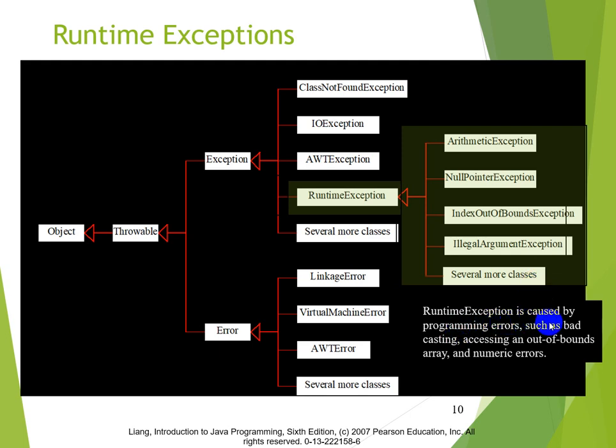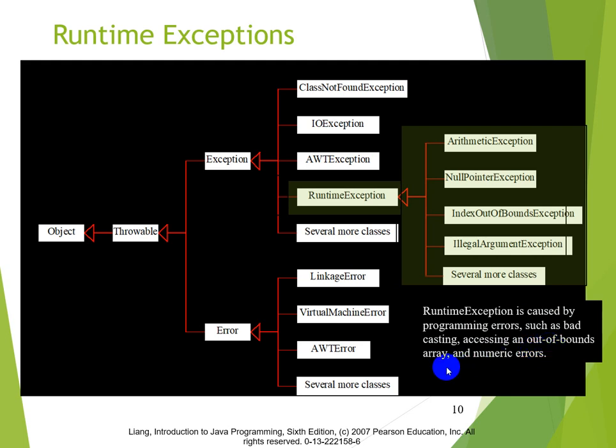The runtime exception is caused by programming errors such as bad casting. You are storing data whose data type mismatches. Such exceptions are also raised during the runtime. Another is accessing out of bound arrays.